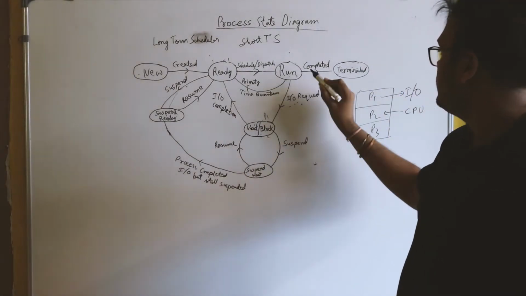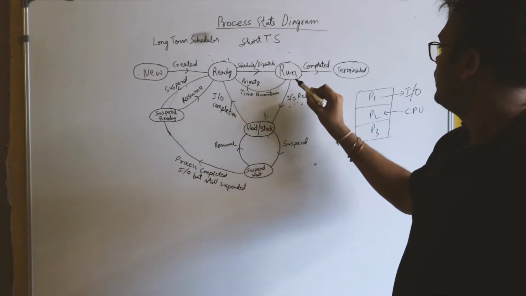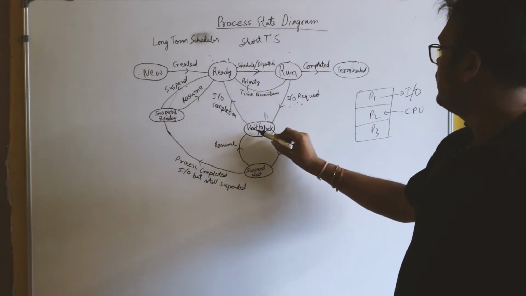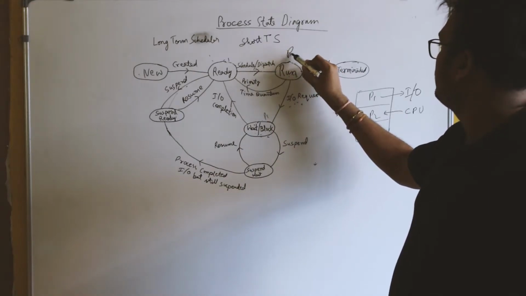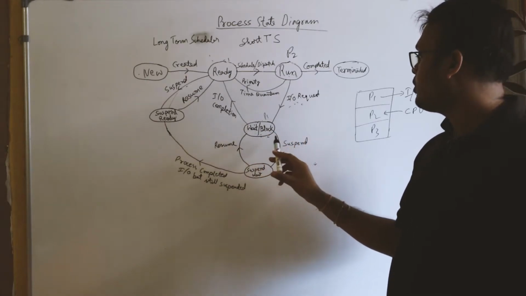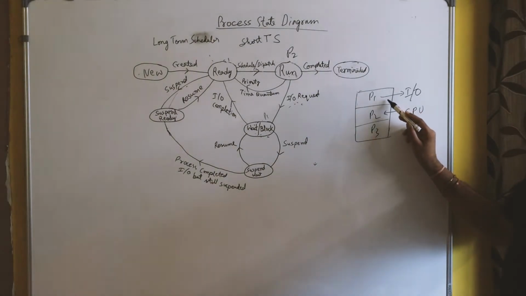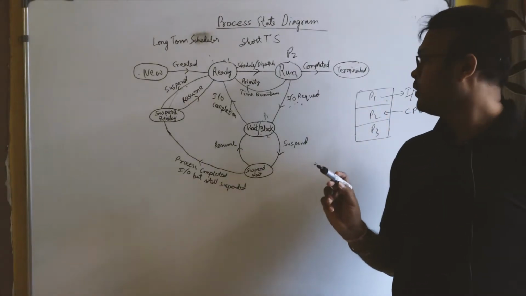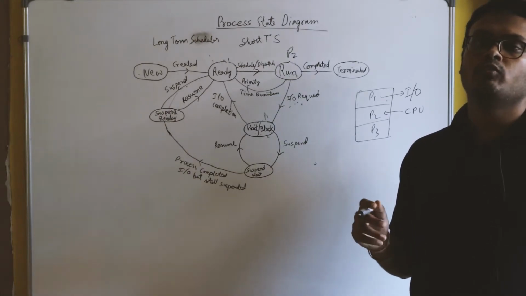So here P1 made a transition from run to wait block state. The state of P1 is wait block, and now P2 is in a running state. So that's about wait block state. After the completion of the I/O, suppose P1 wants to resume. Maybe P1 has got the value entered from the keyboard.